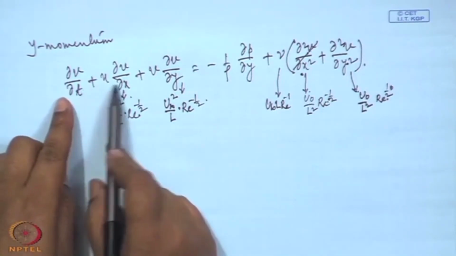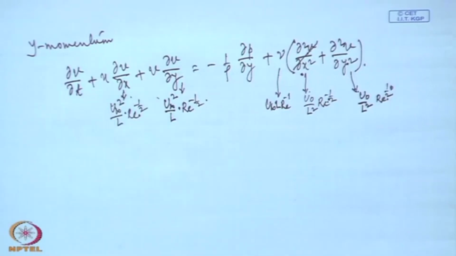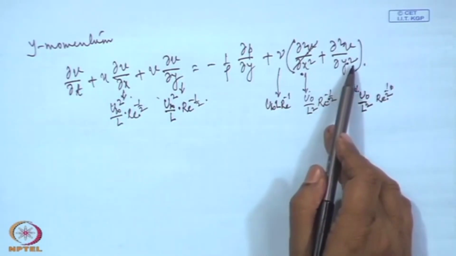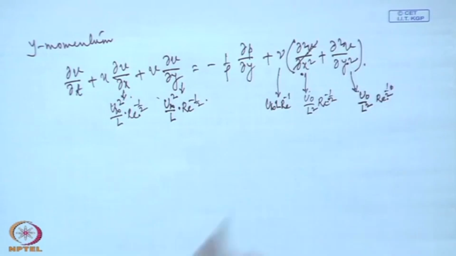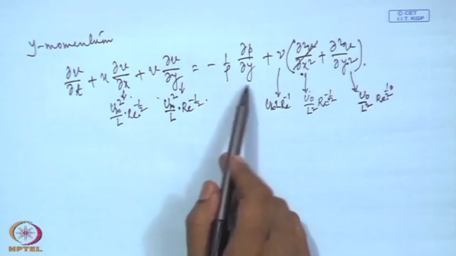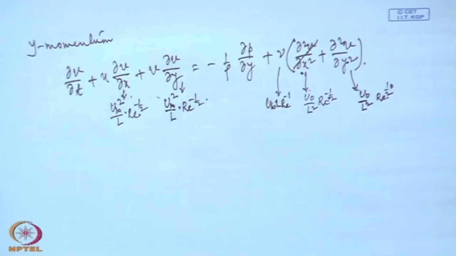So on the left hand side, all three are of the order of Re to the power minus half, and on the right hand side the largest term is Re to the power minus half. So what it implies is that dP dy must be of the order of Re to the power minus half. Since all other terms in the equation are of the order of Re to the power minus half, the remaining term has to be of that order, otherwise there will be no balance.